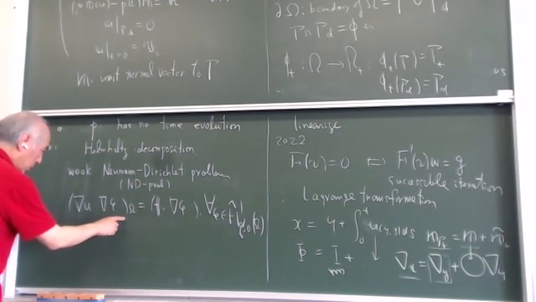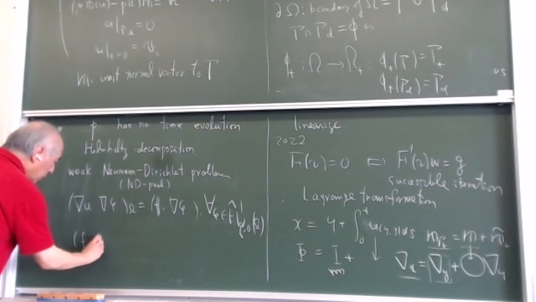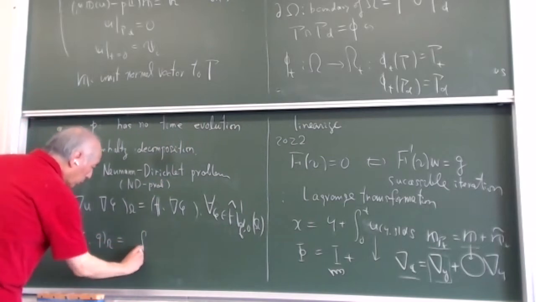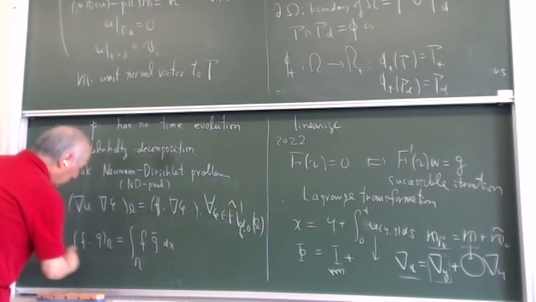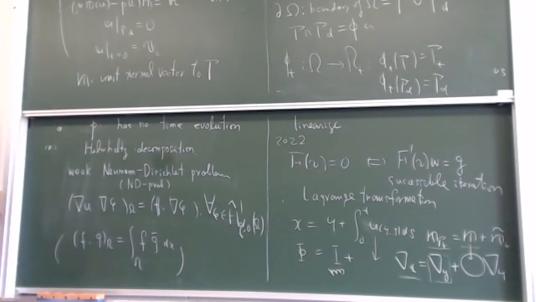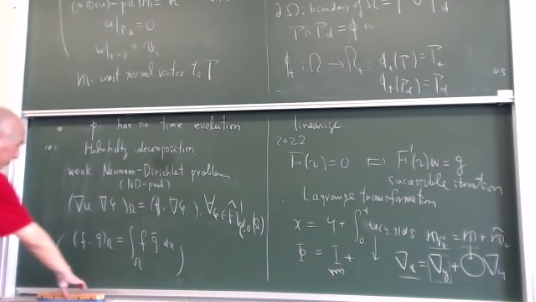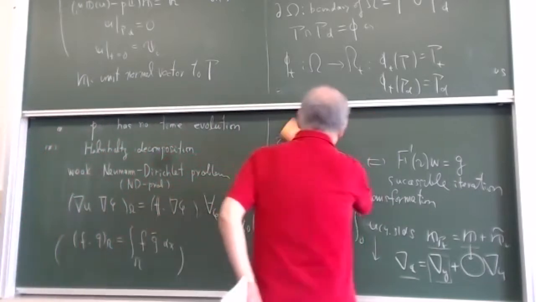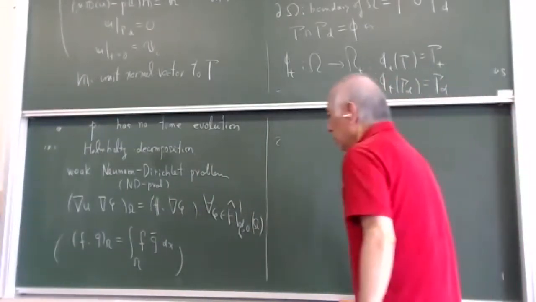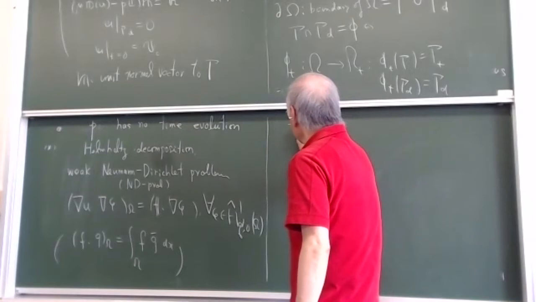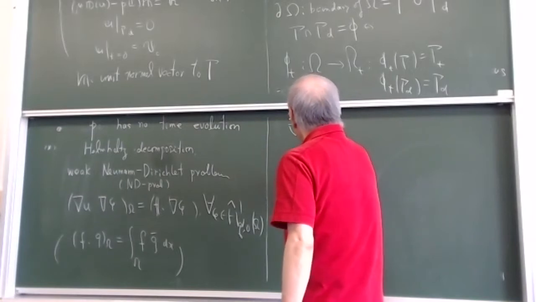Here is the notation. (f, g) over Omega is the usual inner product, and also there is nabla u, nabla phi.